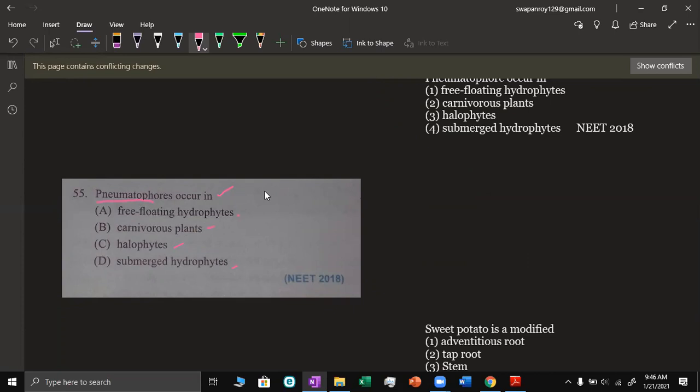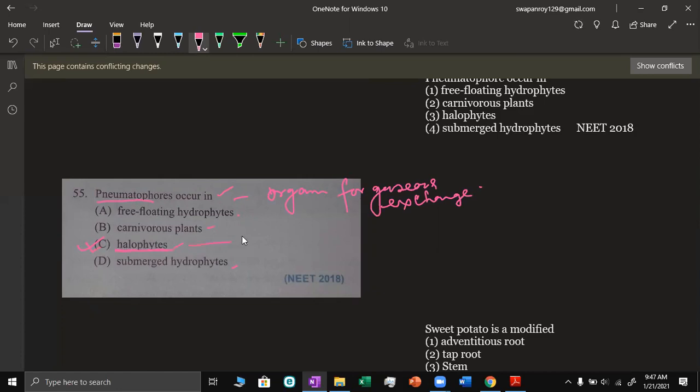Pneumatophores are respiratory roots, organs for respiration and gaseous exchange. This is found in halophytes.